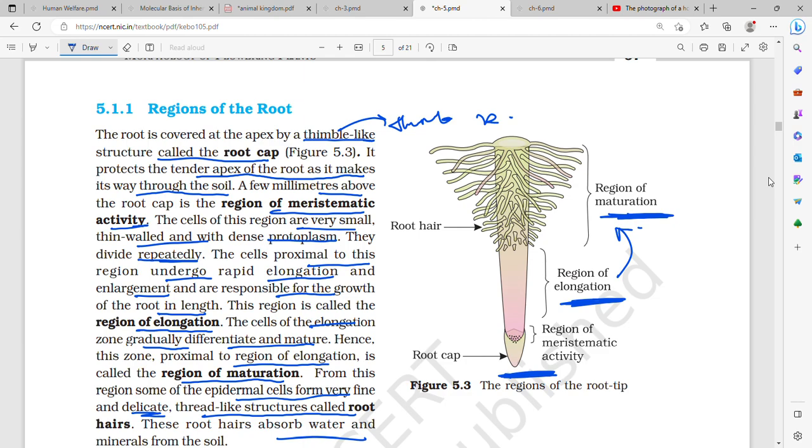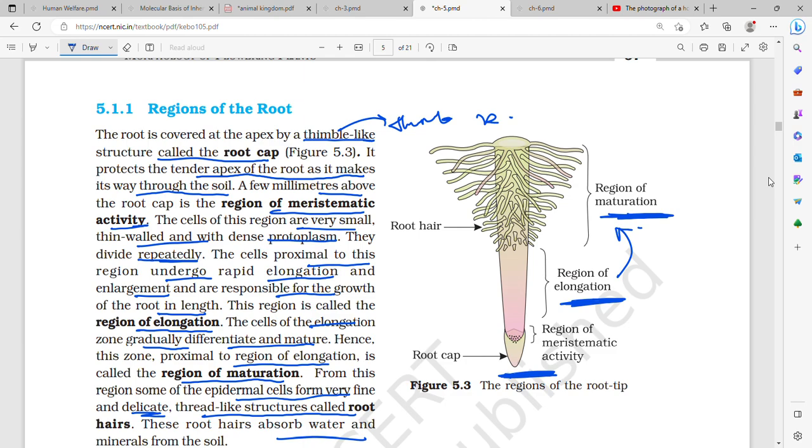Then proximal to the region of elongation is the region of maturation, wherein these elongated or enlarged cells differentiate and mature, and hence this zone proximal to the region of elongation is called the region of maturation.